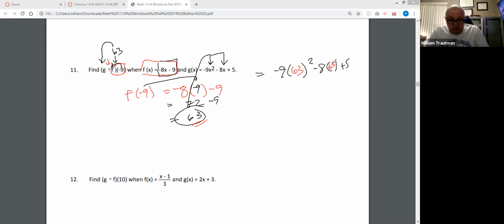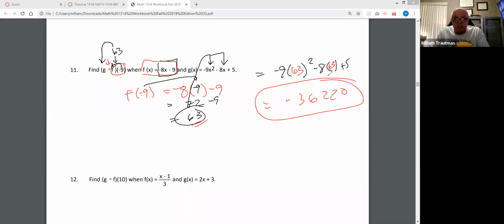Negative 9 parentheses 63 squared, raised to the second power, minus 8 parentheses 63, close parentheses, plus 5. And I get negative 36,120.